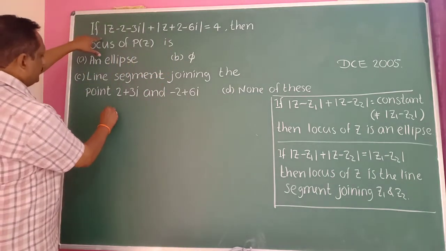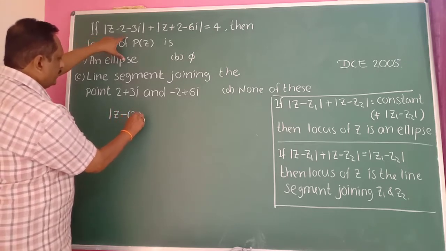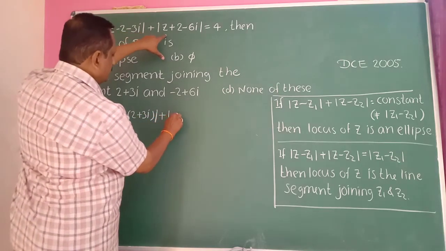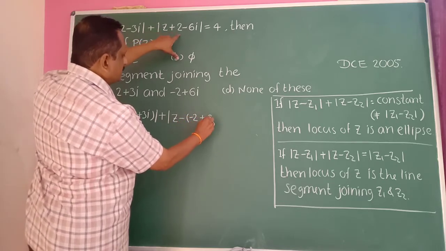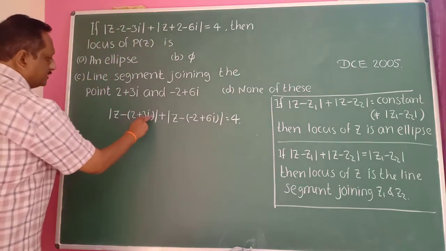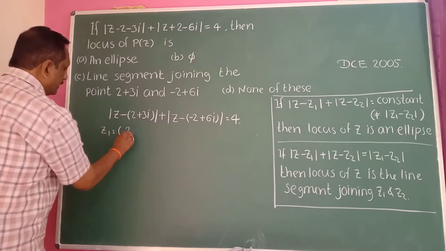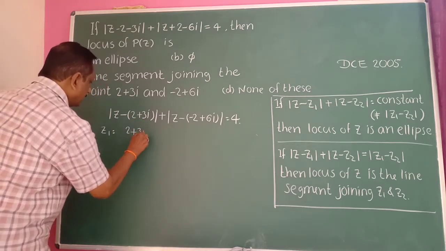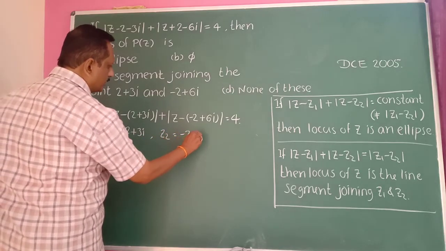Hence, just observe here. Modulus of z minus (2 plus 3i), taking minus as the common factor, plus modulus of z minus (minus 2 plus 6i), is equal to 4. Hence z1 is equal to 2 plus 3i, and z2 is minus 2 plus 6i.